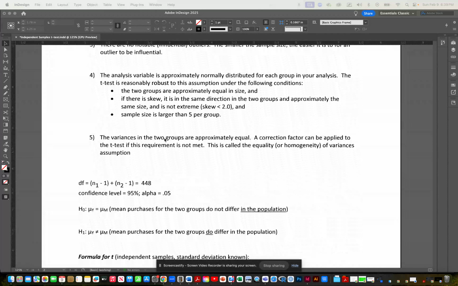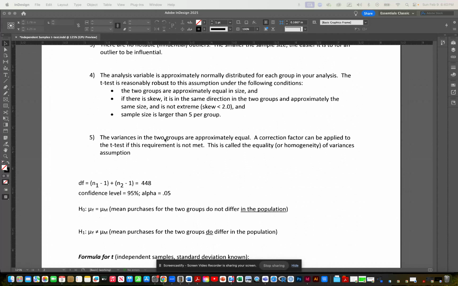The next thing we need to consider, as with any hypothesis test, is degrees of freedom and our confidence level. And again, we're not going to care about the degrees of freedom or any kind of formulas because our statistical software will do that for us.